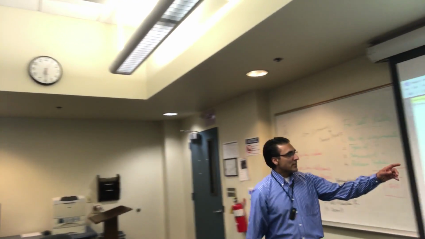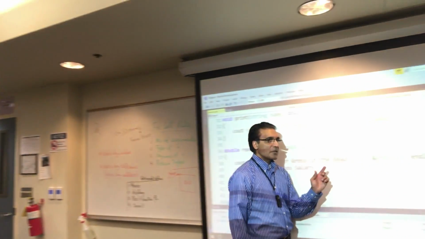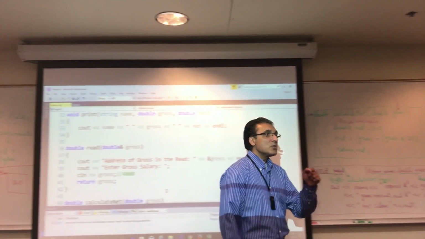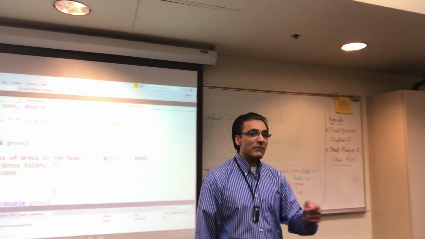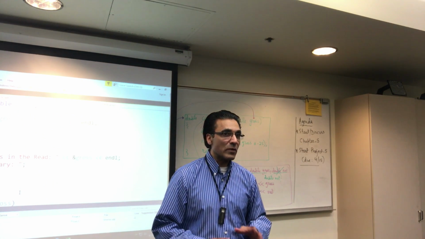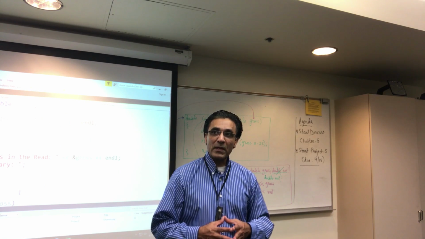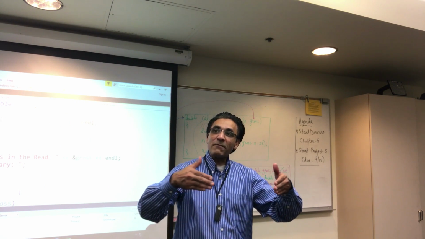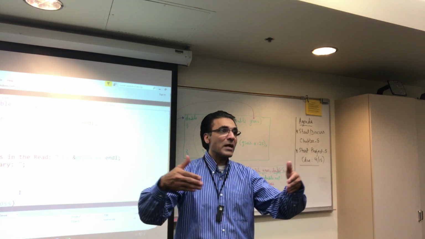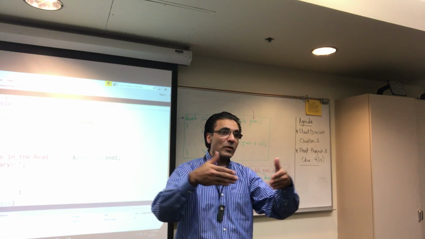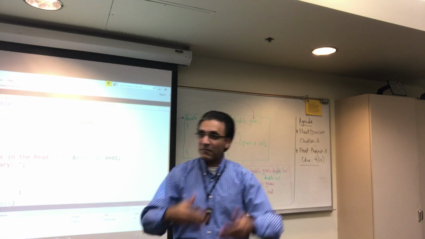By putting this ampersand sign, I'm saying to the read function, this time do not make a copy of that variable which is called gross. Do not make your own copy. You are not localized anymore. I want you to focus where the main function was focusing. Point in the same direction. So both functions will look at the same location. Let's verify it.